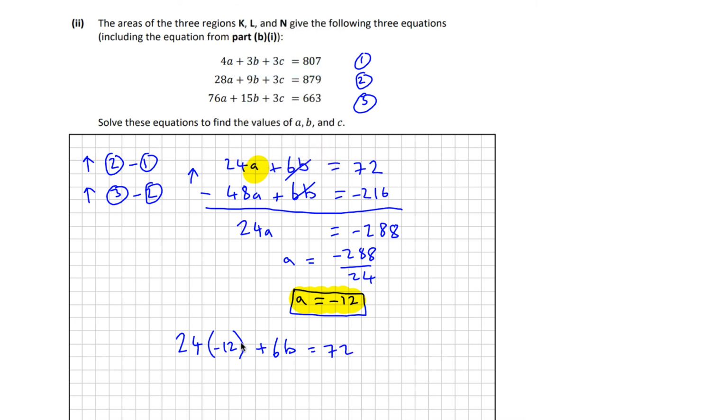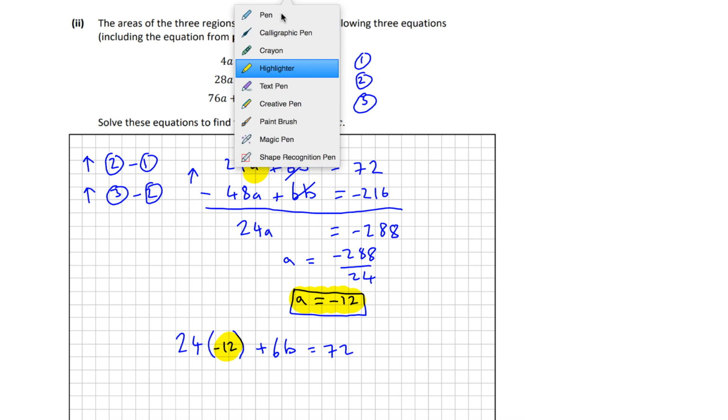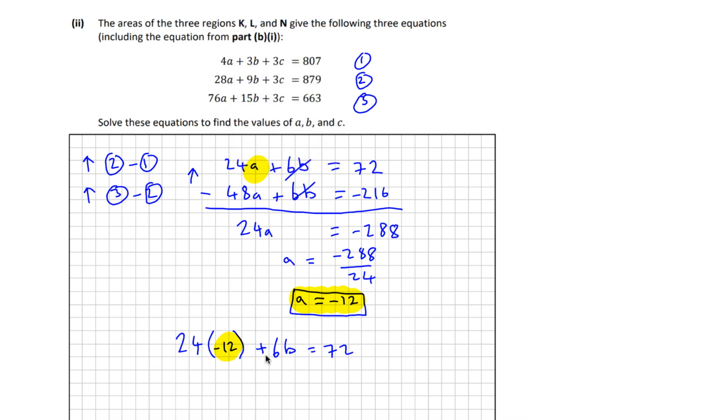So again, you'll see there, I just put the minus 12 in there. 24 by minus 12 is minus 288, plus 6b is 72.